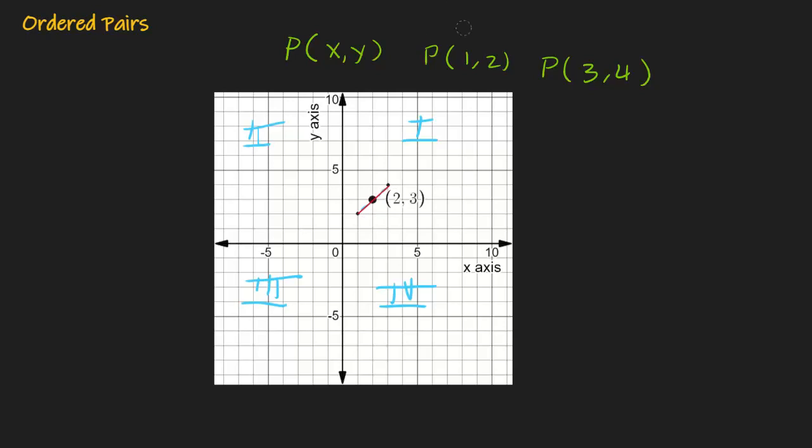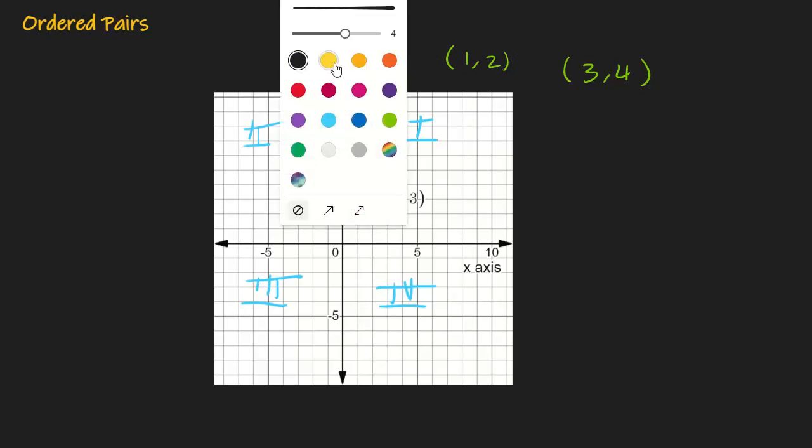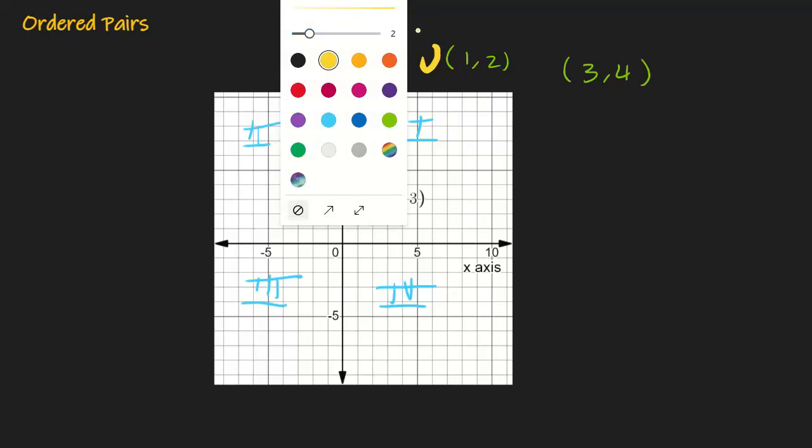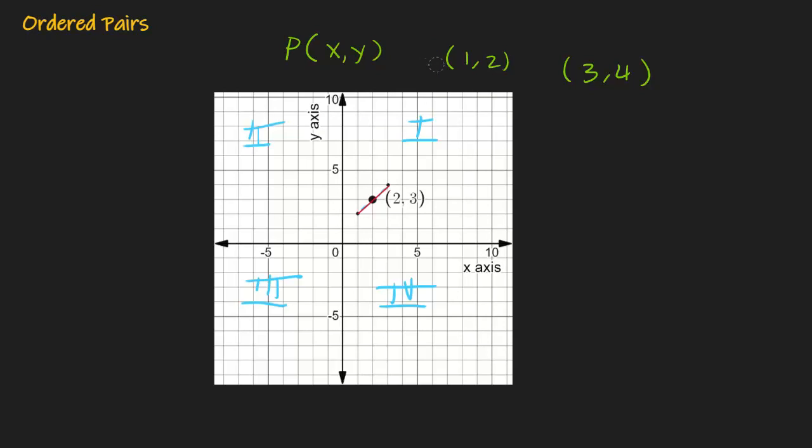Maybe I should have called these points different letters. Maybe we could call the point 1, 2 Q, and this one R. So 1, 2 is the point Q. But what is 2, 3?